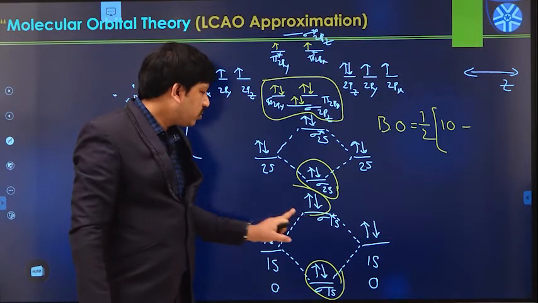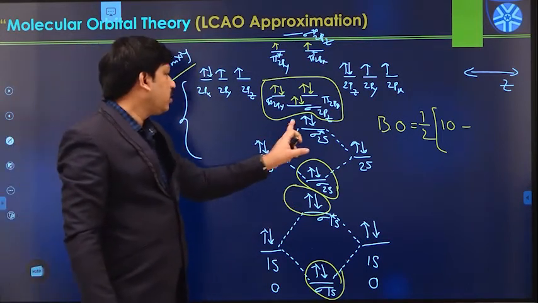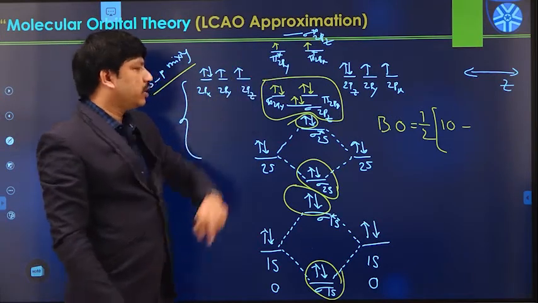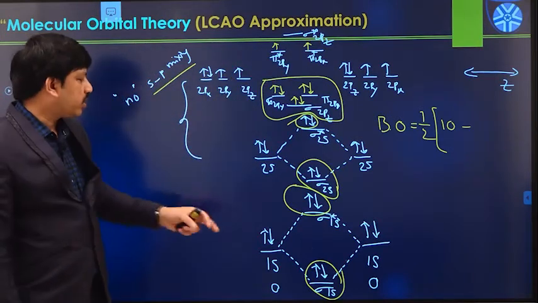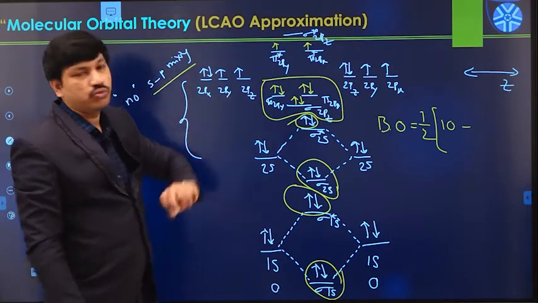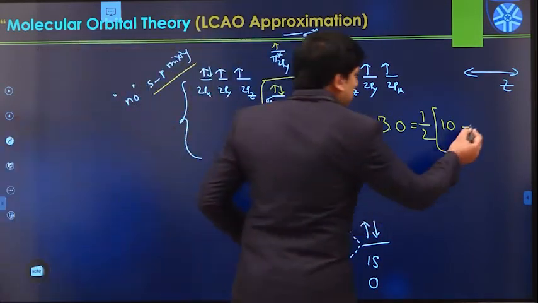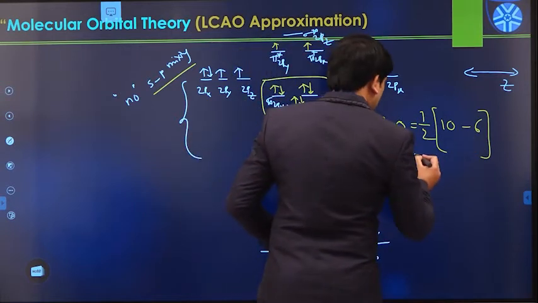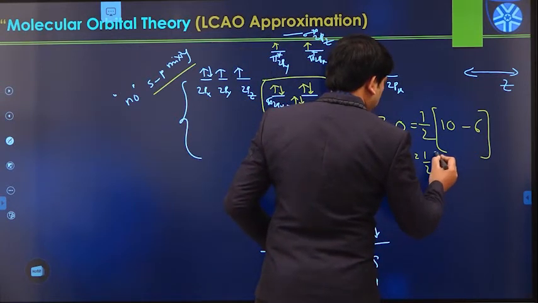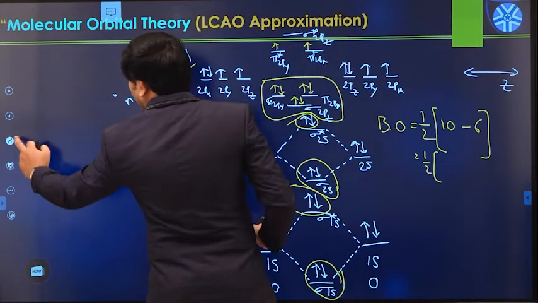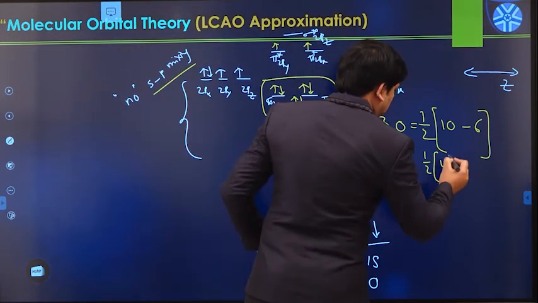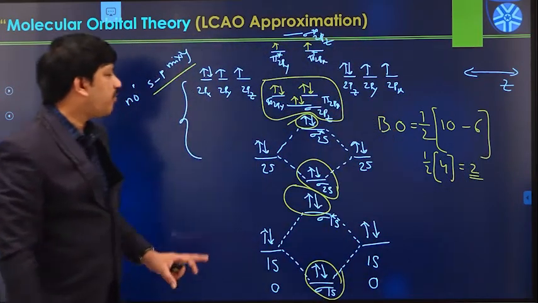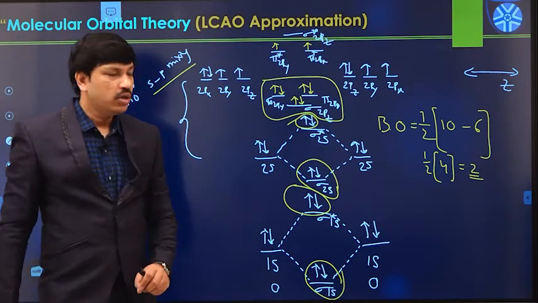Here we have 2 antibonding electrons, here also 2, and here also 2. 2 plus 2 plus 2, total 6 antibonding electrons are available. So this is half into 4, that means this value is 2. So the bond order value for the O2 molecule is 2.